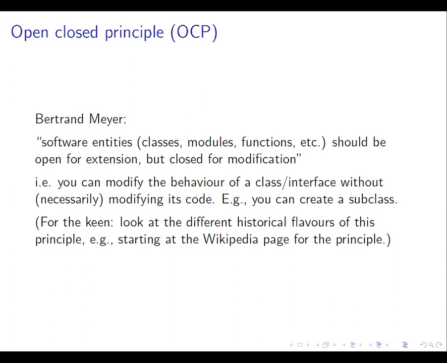Instead, you can leave the customer code exactly as it is and create a subclass. And this has all kinds of advantages. For example, it hopefully means that if somebody else comes along later and fixes a bug in the customer class, then your extending special customer class will automatically inherit that new bug fix, instead of you having to keep track of the fact that there might be newly discovered bugs in code that you copied and pasted.